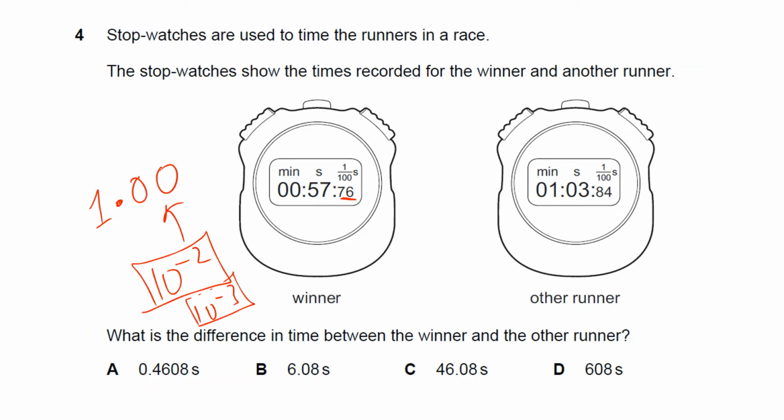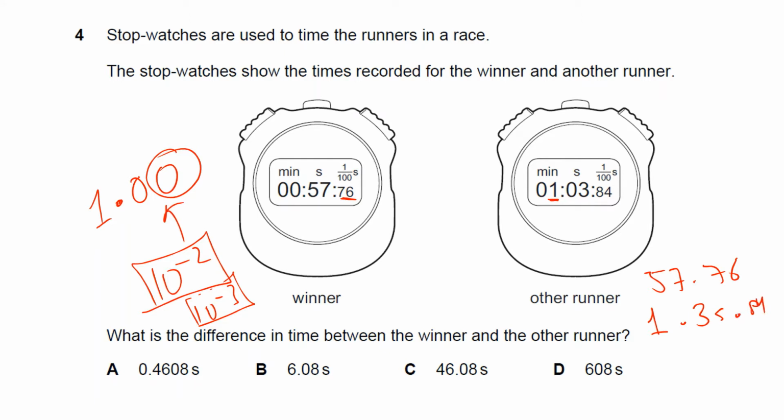You can represent in a digital stopwatch to a 1/100th of a second, which is basically this. So this can be represented as 57.76, all right, and this is going to be minutes. So this is going to be 1 minute and 3 seconds and 84 centiseconds.